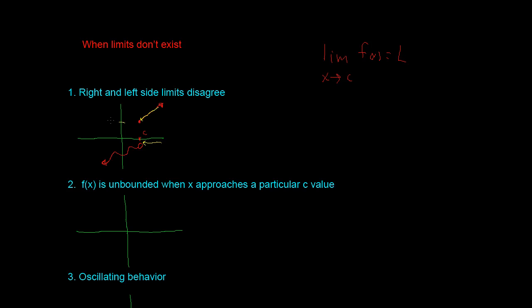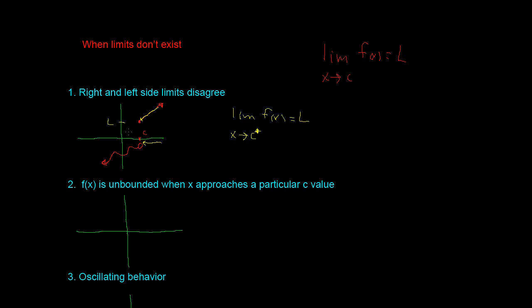Let's just call it L. So the right-handed limit, which we could write as the limit as x approaches c with a little plus above it, that's a plus, there we go, sorry, I know that's sloppy. This is the limit as x approaches c from the right-hand side. That's what that notation means. Of f of x equals, in this case, L.